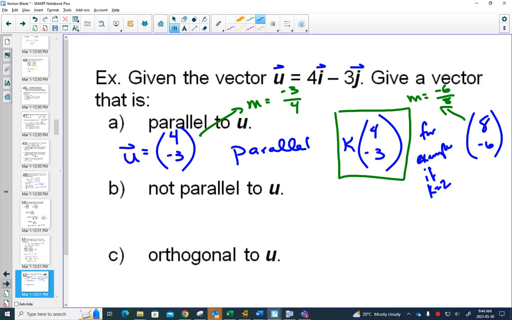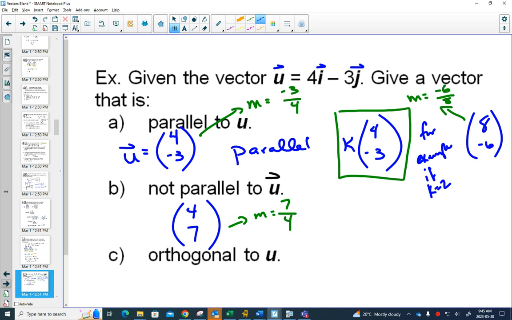If you want to make something not parallel to you, you just need to make sure it has a different slope. The easiest way to do that is just to change one of the numbers, right? If I keep the 4 the same, but I make this anything, can you see that its slope would be 7/4? Is it the same as what we started with? Obviously not.